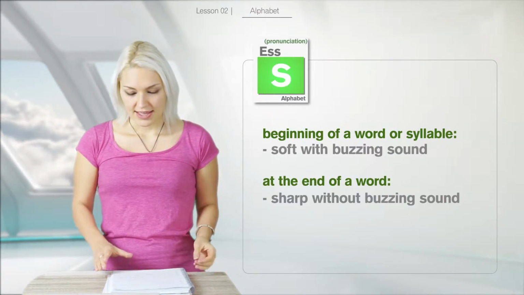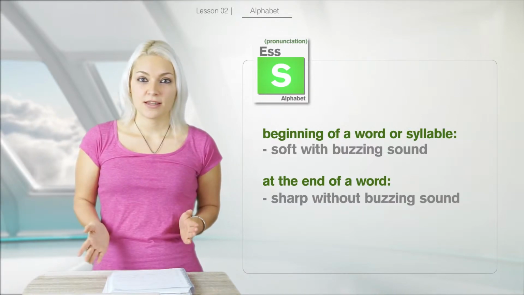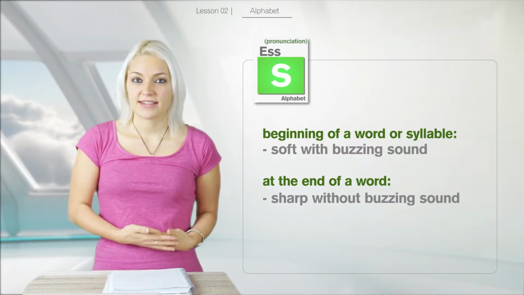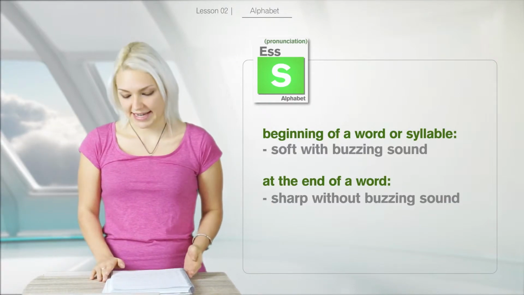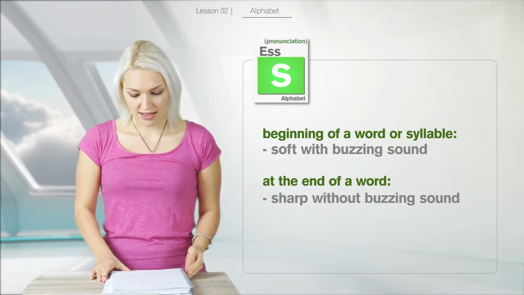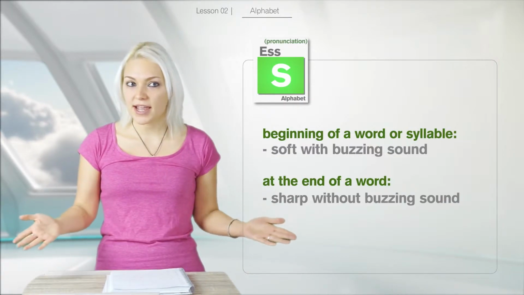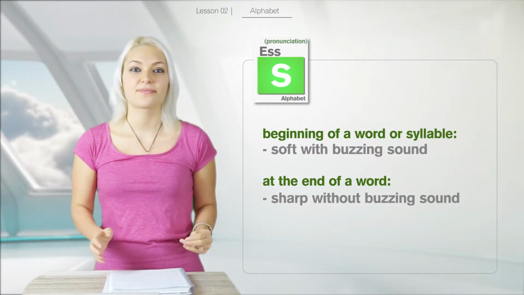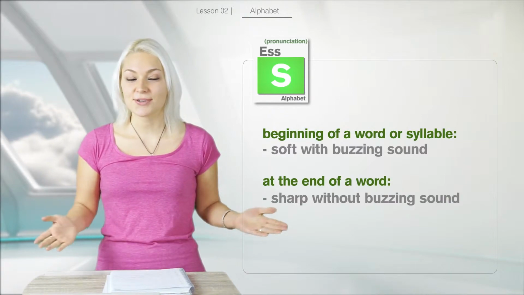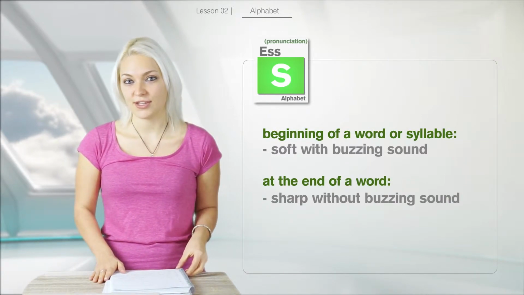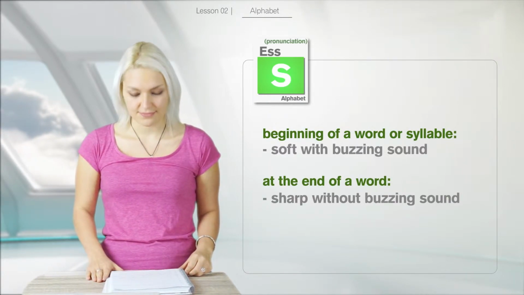So, beginning of a word, beginning of a syllable, soft, and at the end, sharp as in English. Let's give you another example. Actually, let's take my name again, which is Sonja. Not Sonja as I get called, but Sonja in German, proper correct German.